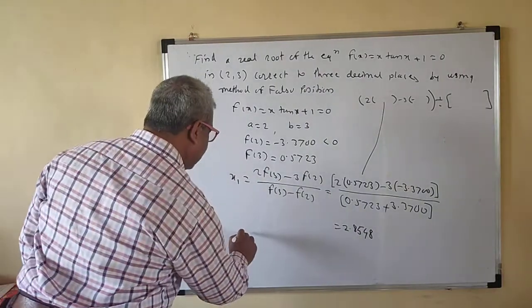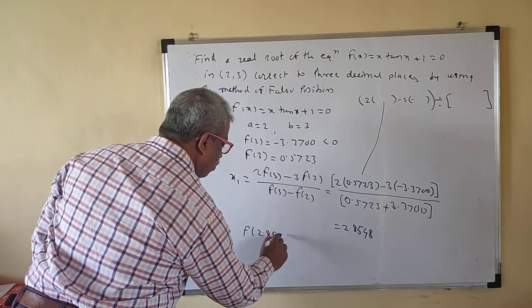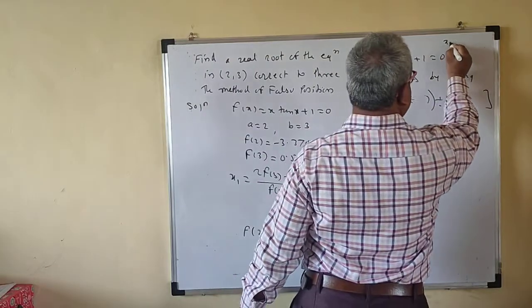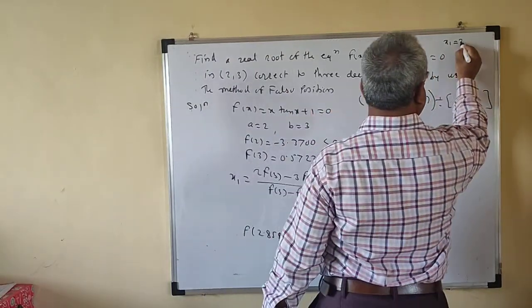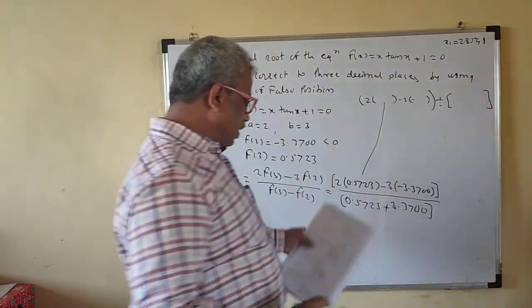Now we'll find f of x1, that means f of 2.8548. So x1 I got 2.8548, up to 3 decimal places you have to do this.